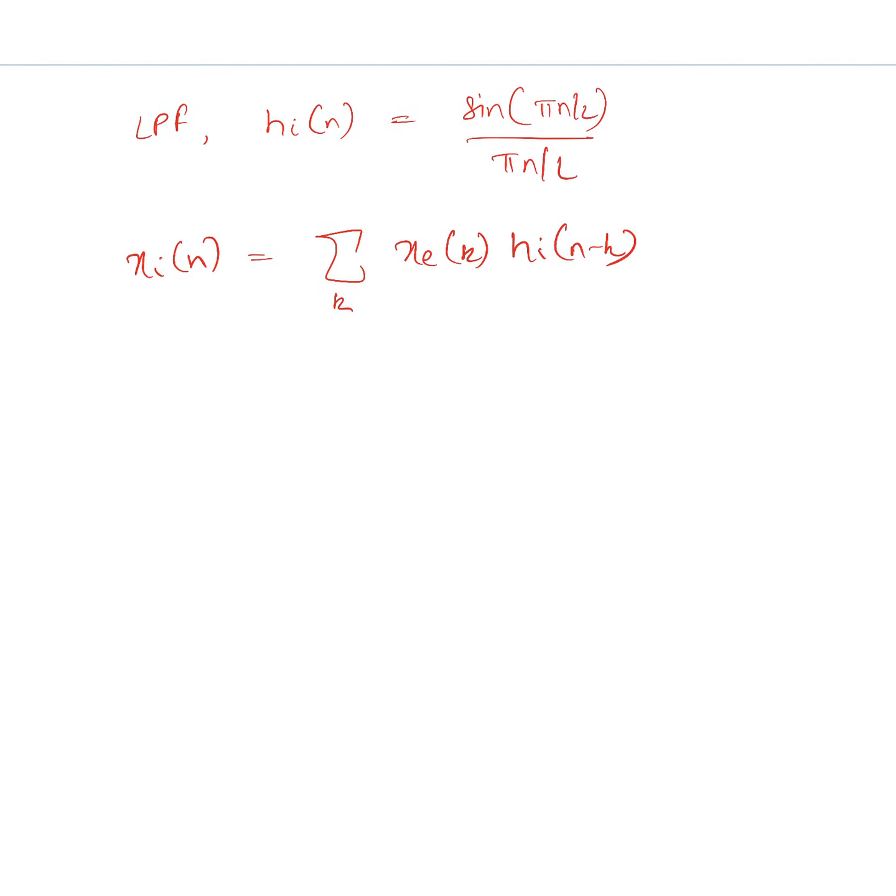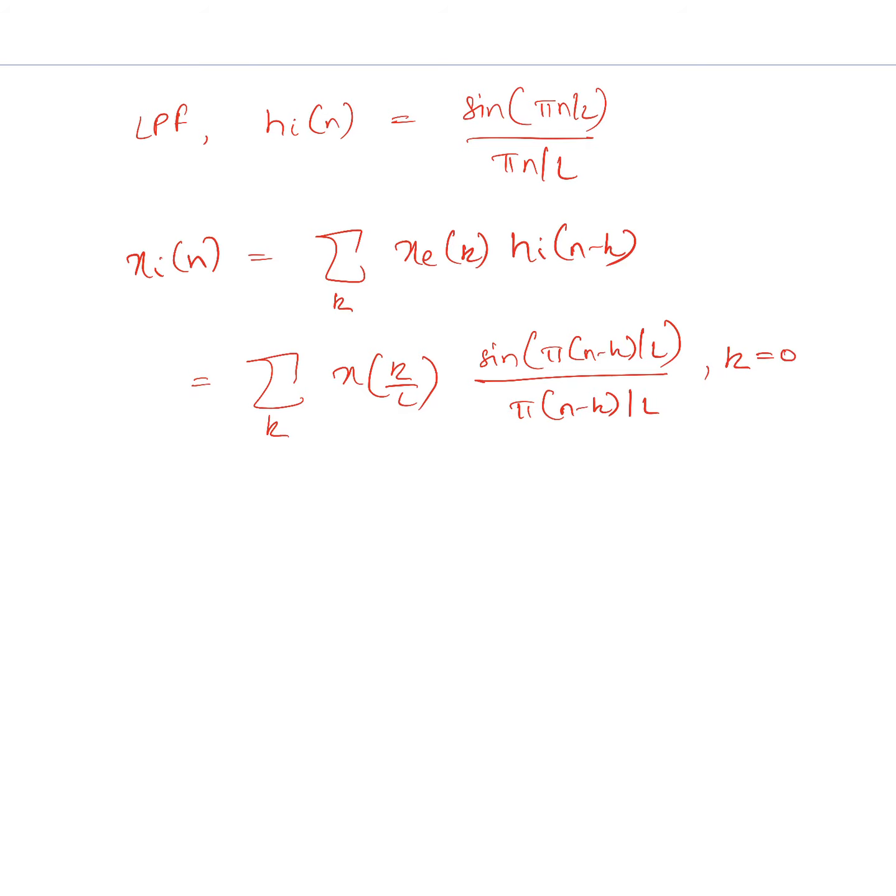Substituting this into this equation we will get summation over k x of k by L, and changing n to n minus k, we would have sin(pi (n minus k) by L) divided by pi (n minus k) by L. But this relationship holds only at k equal to 0, plus minus L, plus minus 2L and so on.